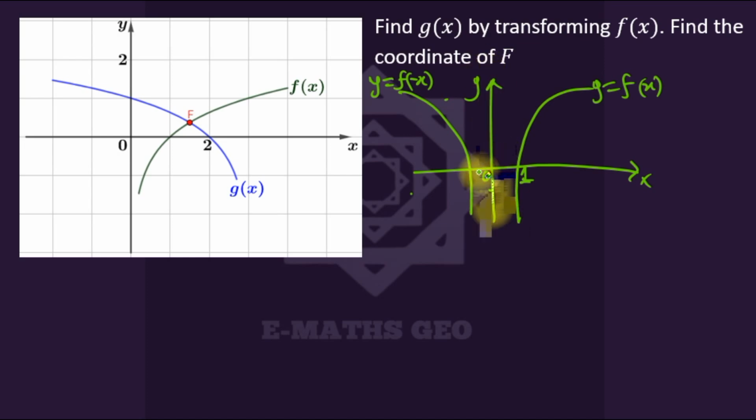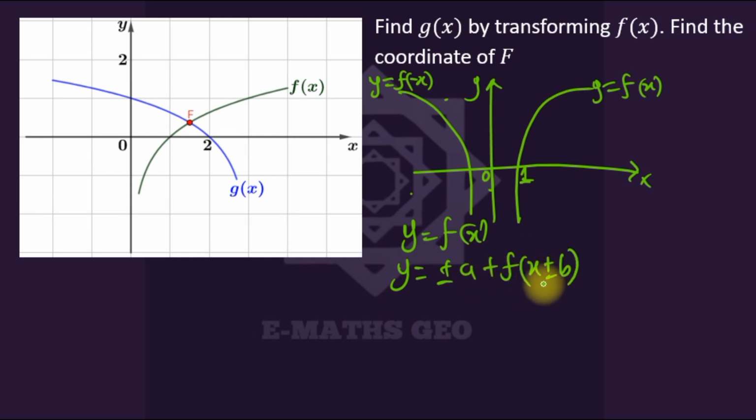So that's it. And also there is what we call shifting, horizontal and vertical shift. If you have a function f(x) and you now have f(x) plus or minus a, or f(x plus or minus b). Note that to get the second function from the original, you need to shift the first one a units either up or down.